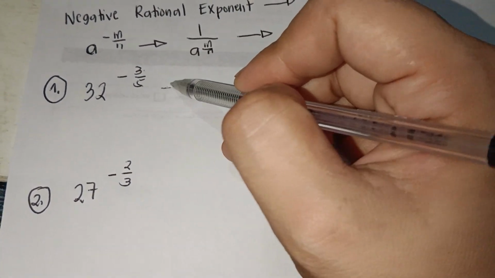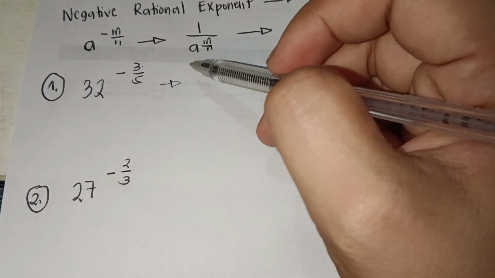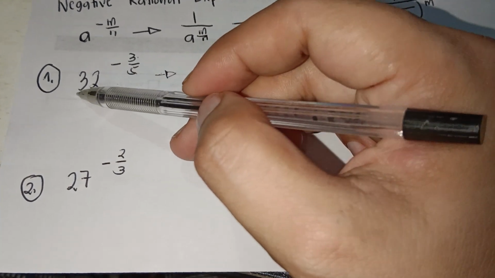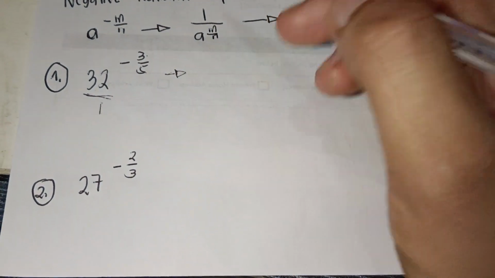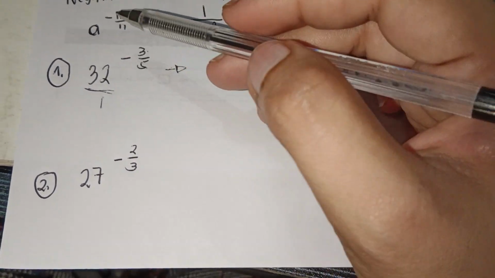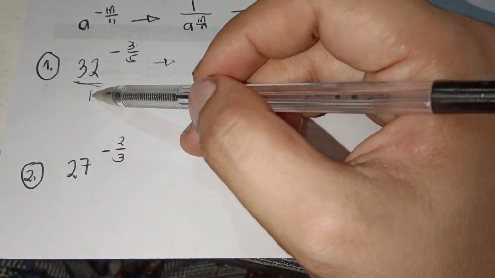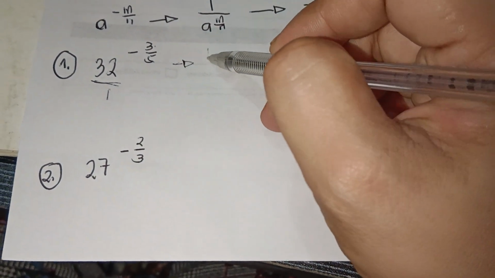So dahil po negative po siya, to get the reciprocal, lagi nyo pong alalahanin na meron pong invisible denominator 1 here. So, pag binaliktad po natin yan, ito pong si 1, magiging taas na po yan.